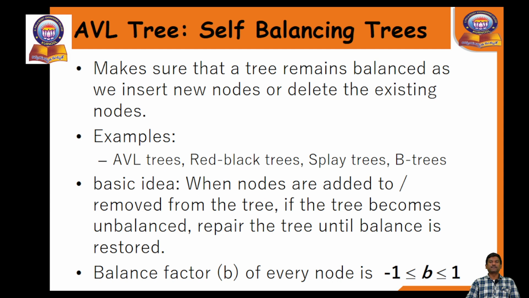The balance factor B of every node is within the range -1 <= B <= 1. That is, the possible values of the balance factor are -1, 0, and 1.